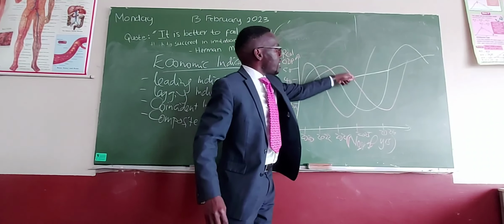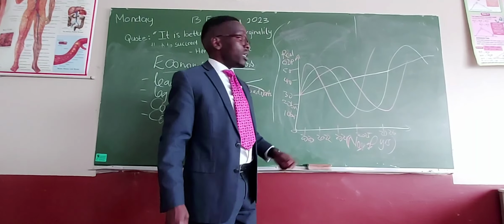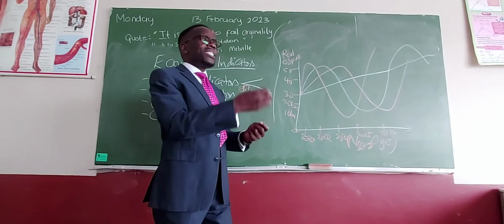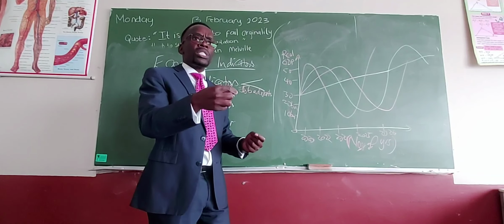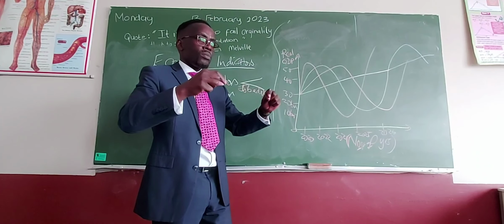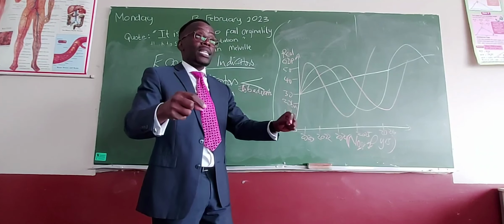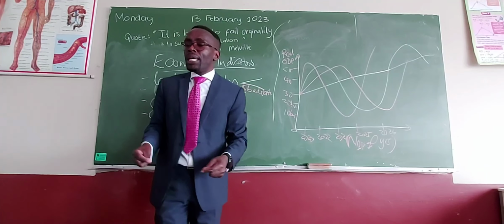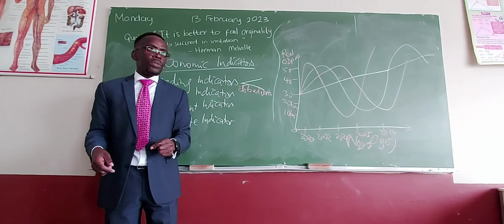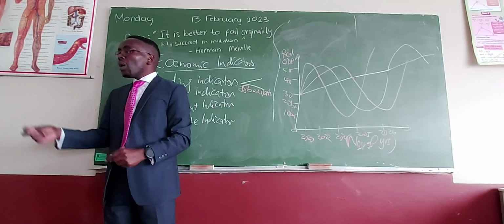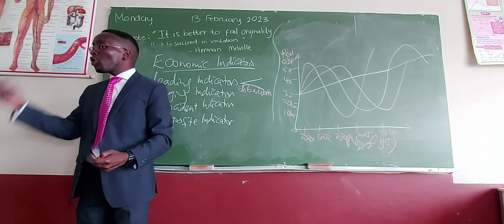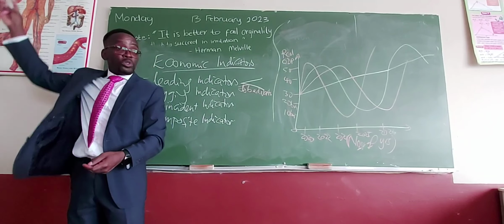Now, this one that we are seeing here in pink lines is what we can say is the lagging indicator. Now, what does it show? A lagging indicator shows or confirms where the economy was. In other words, it shows us where the economy is coming from. It reaches its peak when the economy is already out of the peak, and it will reach the trough when the economy is already way out of the trough.